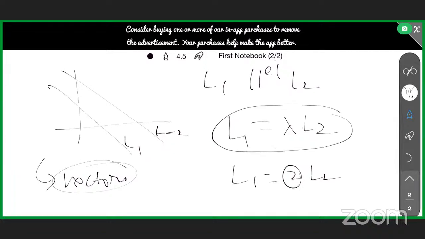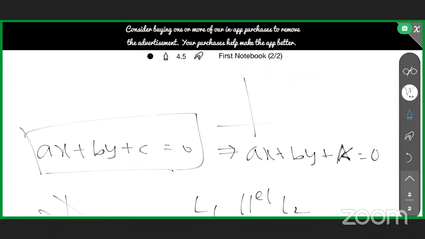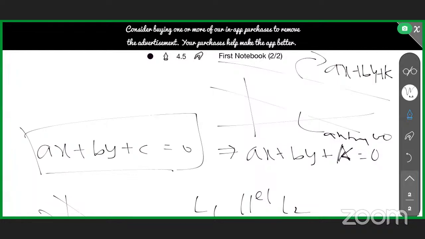So coming back here, if this is my original line ax plus by plus c is equal to 0, and another line is parallel to it, then this line will become ax plus by plus some k or some lambda is equal to 0.